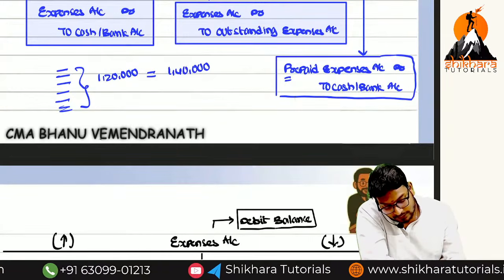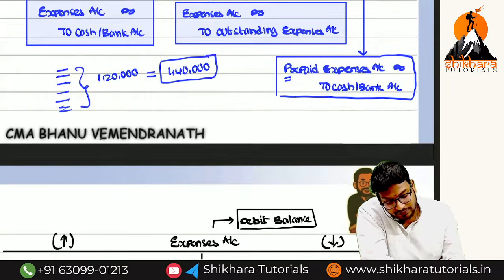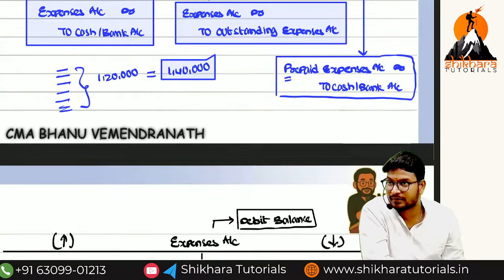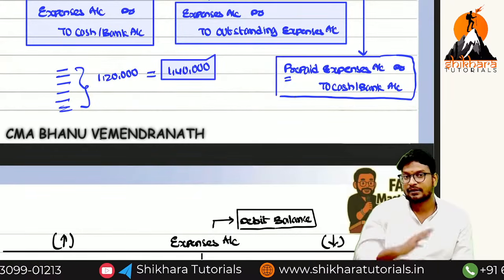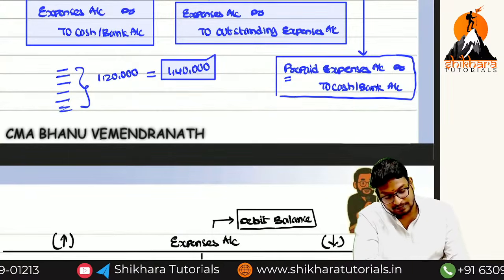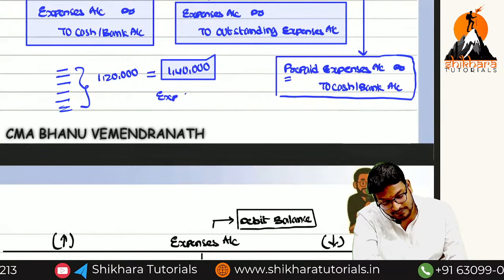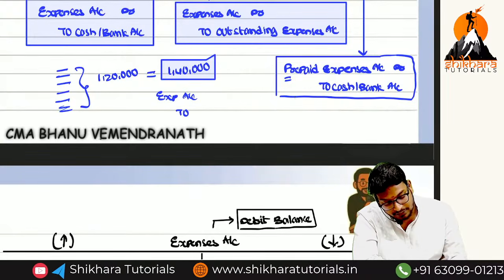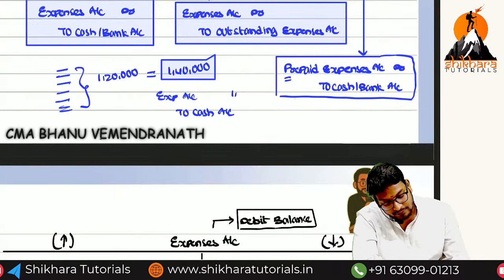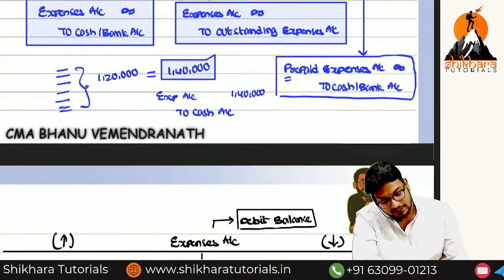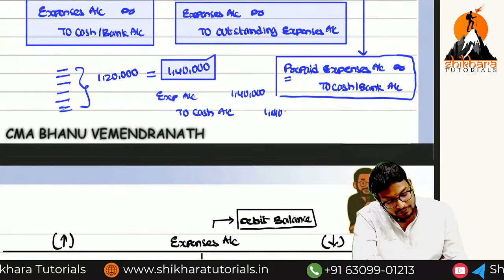For all the 1,40,000, we record the entries: expenses account debited to cash, expenses account debited to cash, like that we have recorded. What is the total expenditure we have recorded, ma? It is 1,40,000.